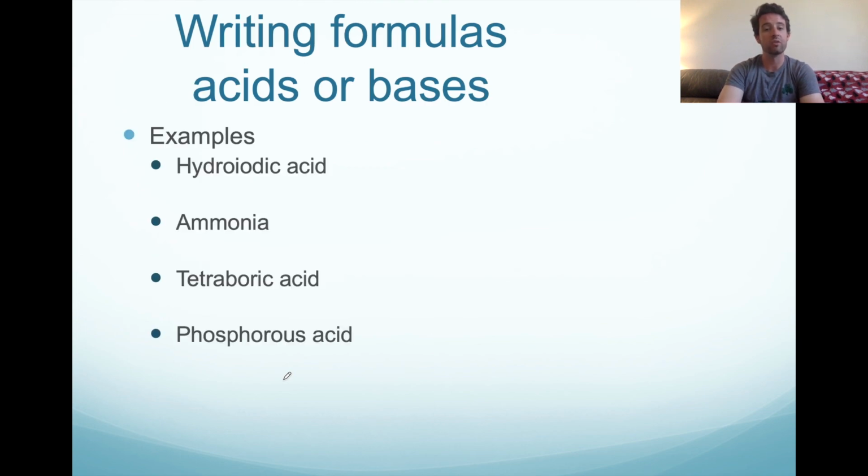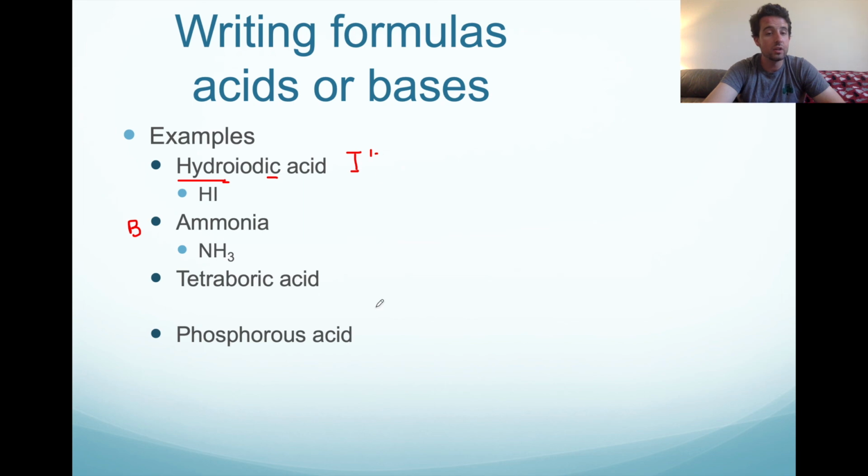You'll notice that we only have, once again, one base here, and that's ammonia. Ammonia is NH3, fun fact. Hydroiodic acid is going to be HI, because hydro-ic means we're dealing with iodide. Iodide is just I with a 1 minus charge specifically. Ammonia we said was NH3.